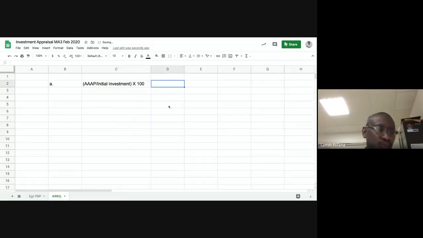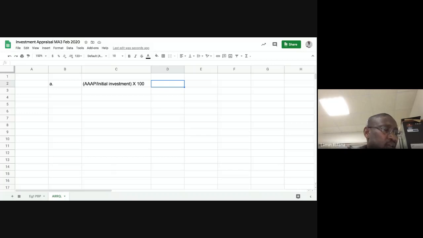Okay, and how do we do that? First, we say what? The average annual accounting profit. How do we get it? What we have been given is the annual cash flow before depreciation. So that means we should depreciate it and then take the average. The average will be over 5 years.